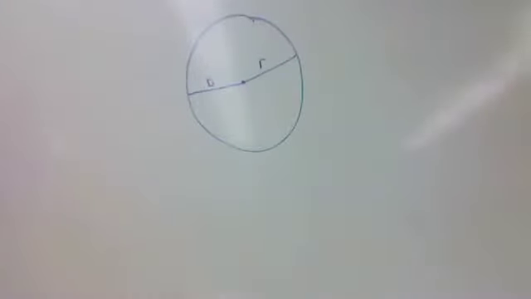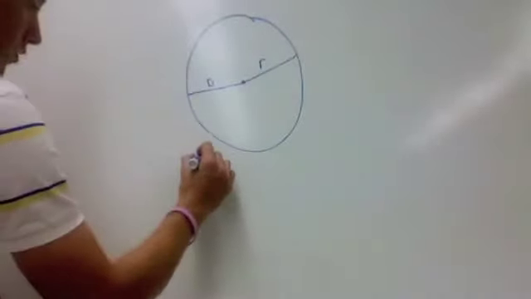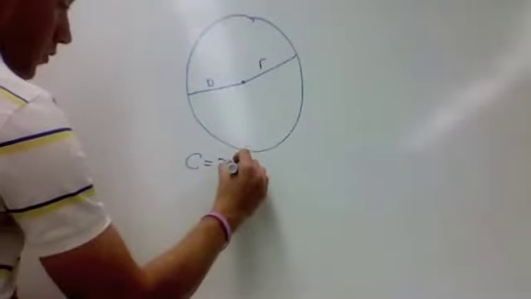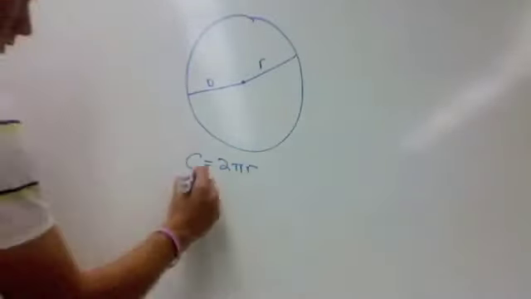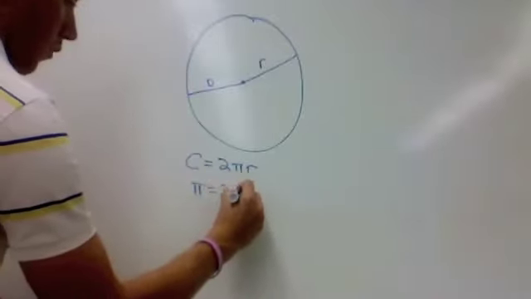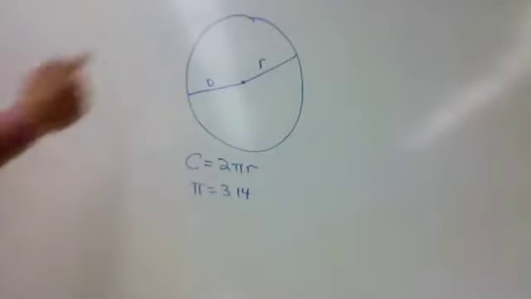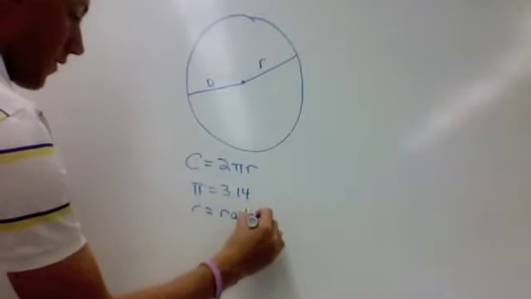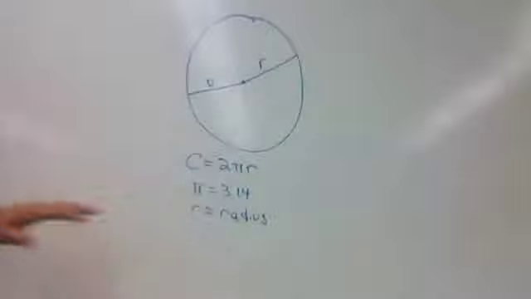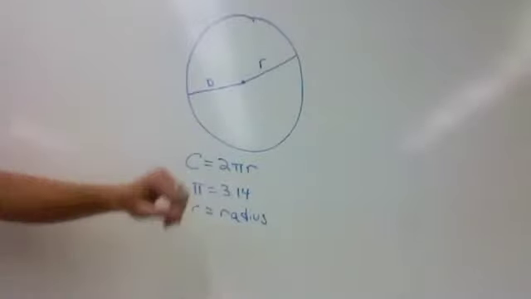Now, in order to find the circumference of a circle, we have to use an equation. The circumference of a circle is 2 pi r, where pi is equal to 3.14, and r is equal to the radius. Anytime they tell us what the radius is, we'll plug it in for r here.